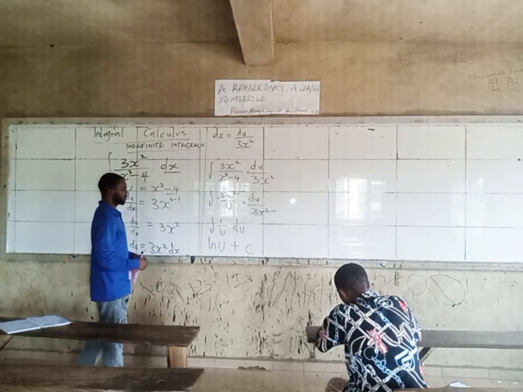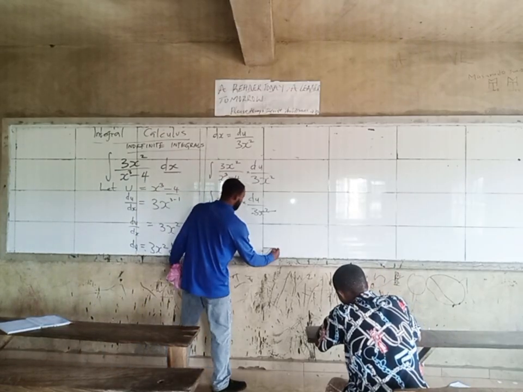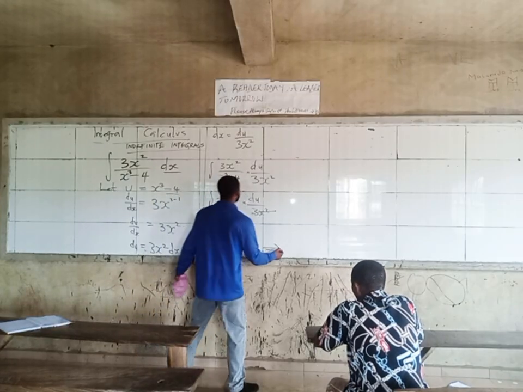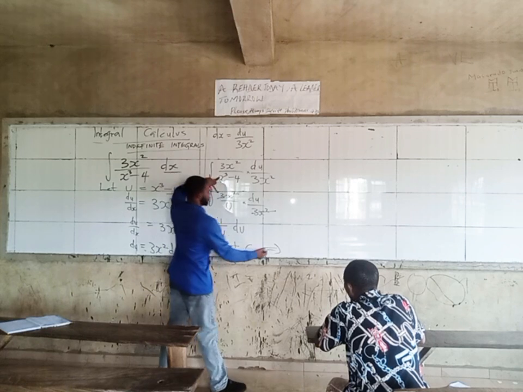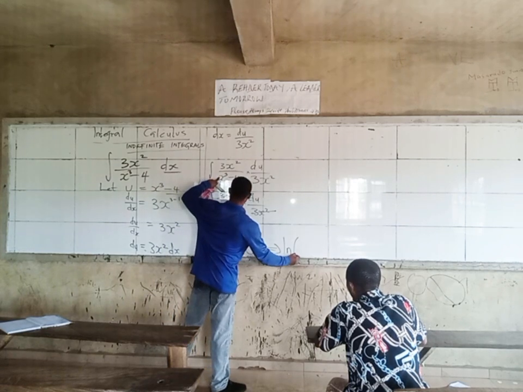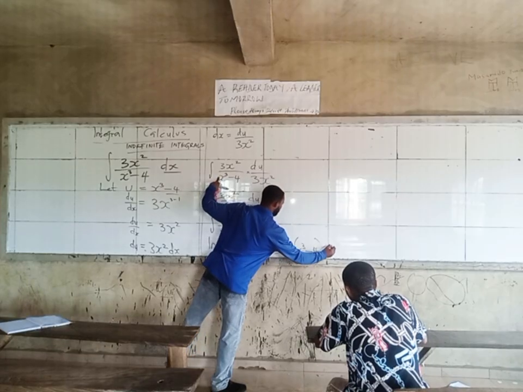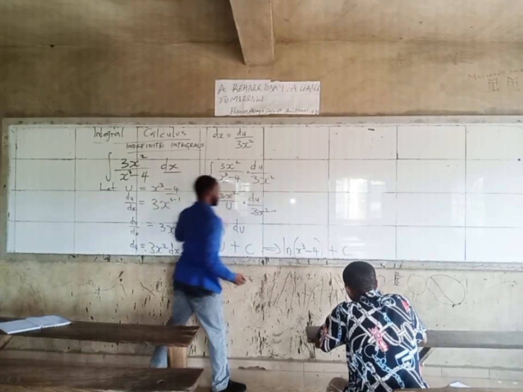But this is not the final answer. Go back and remember that u means something. U means this, so this will now be ln of x cubed minus 4, plus c.